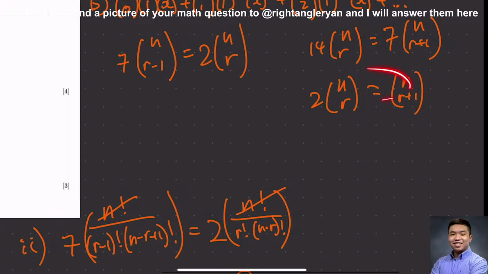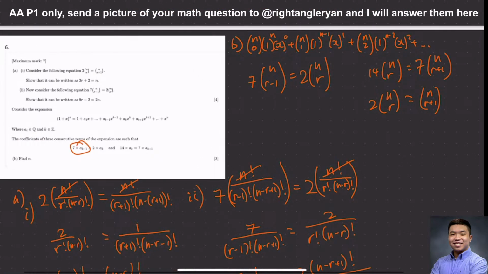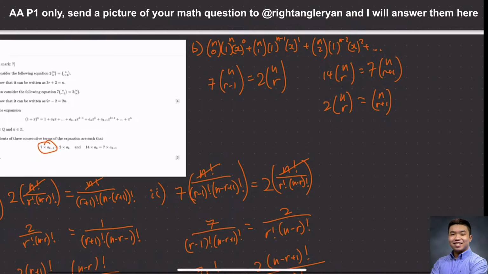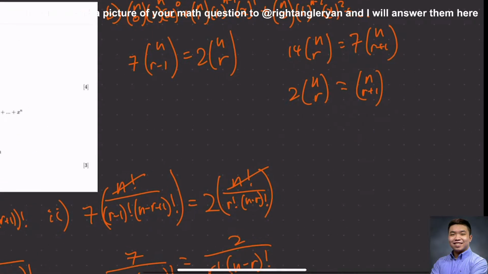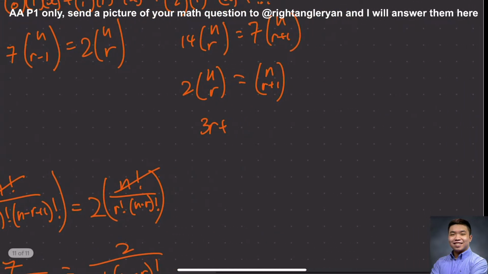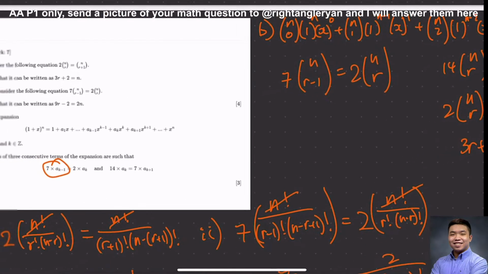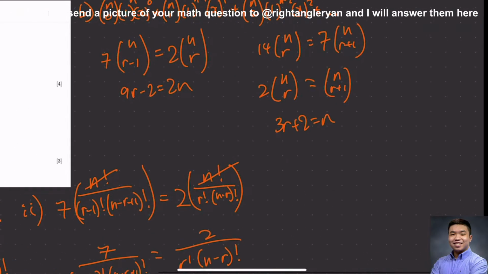Now, this here is complicated, this here is complicated, but from part A, we have done some simplification already, so we know this one on the right here can be rewritten as 3r plus 2 is equals to n. And the thing on the left here is 9r minus 2 equals to 2n. So now we can just do 3r plus 2 equals to n, and then 9r minus 2 equals to 2n.